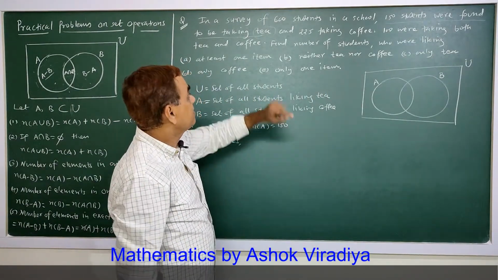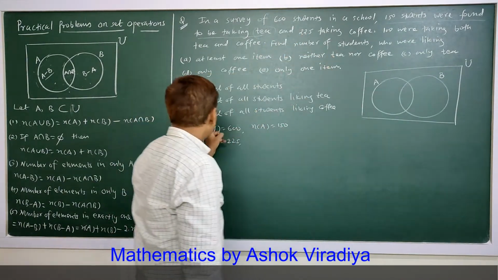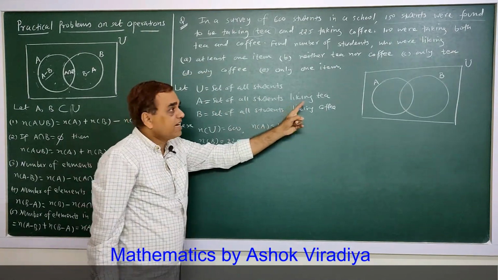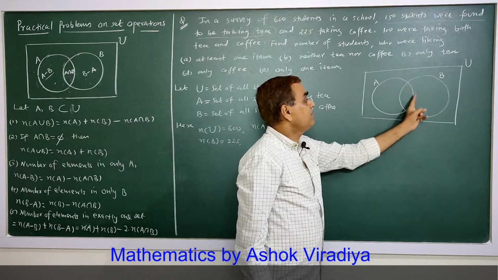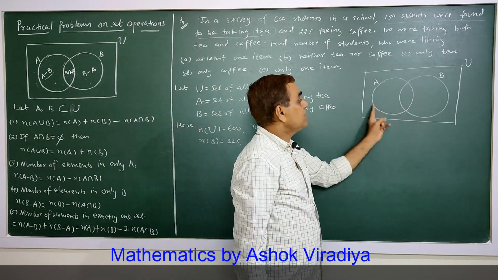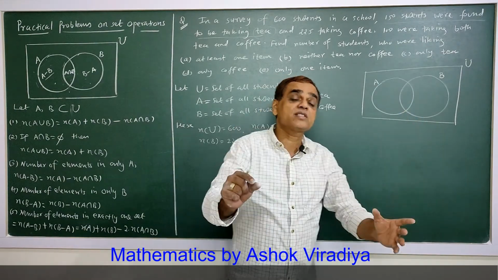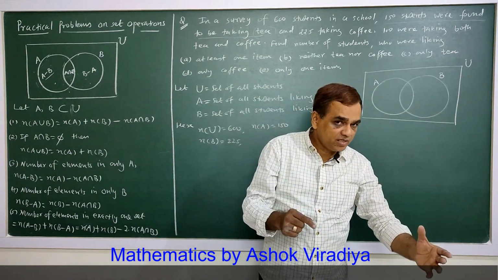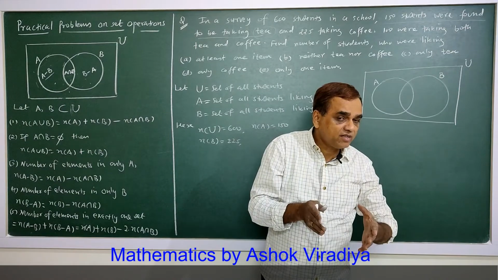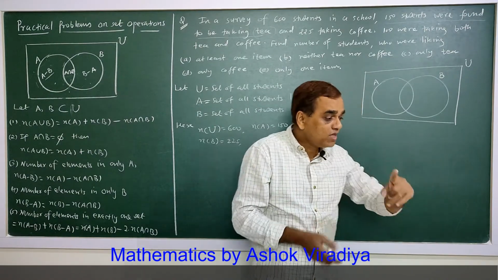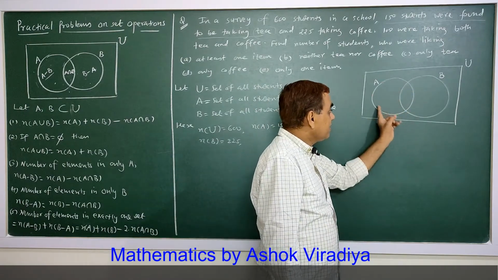The information is that 150 students like tea. That means there are 150 students in this region. It does not mean that they don't like anything else.